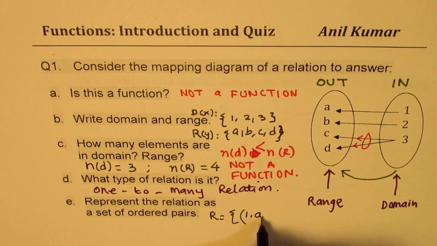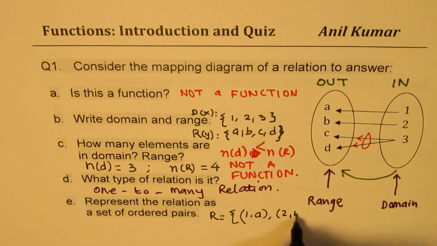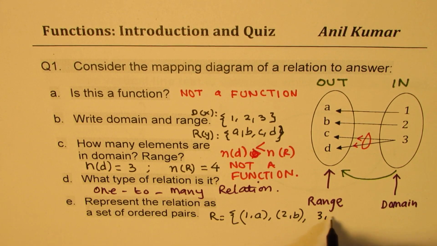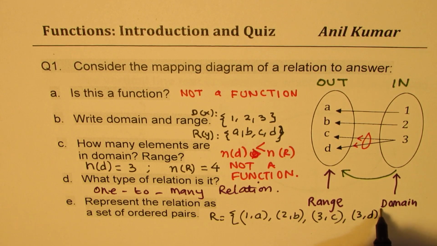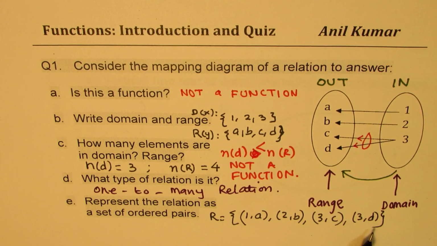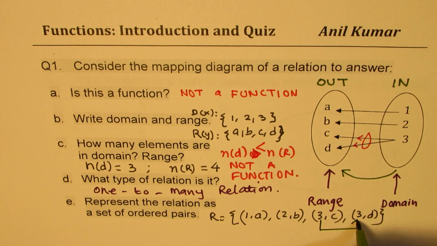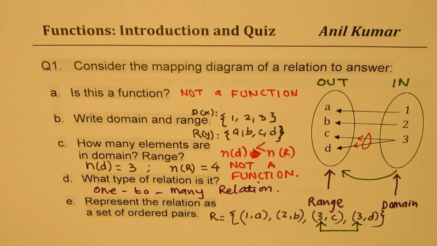So write 1 first, A later, and then 2 to B, 3 to C, and we have to write 3 twice, right? 3 to D. That is how we represent this as a set of ordered pairs. If you look at the ordered pairs, you can see clearly that 3 is repeated with different corresponding elements in the range. That means it is not a function.